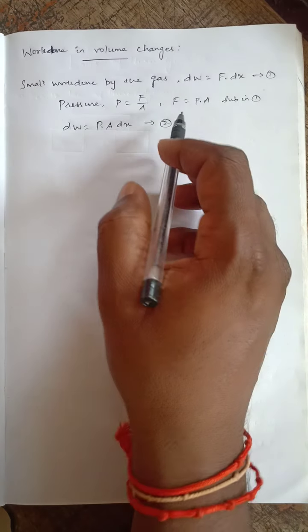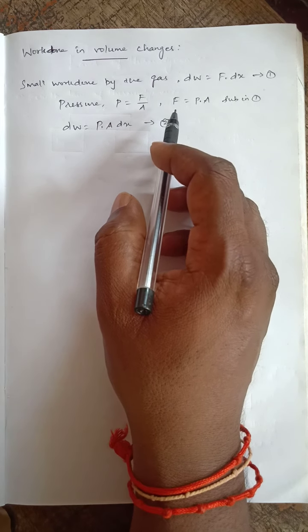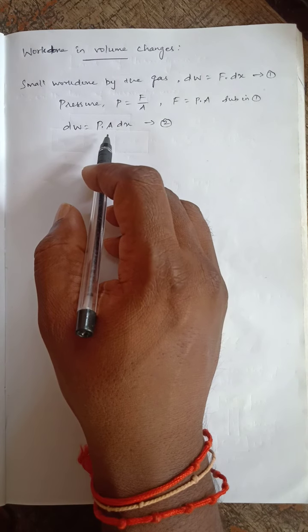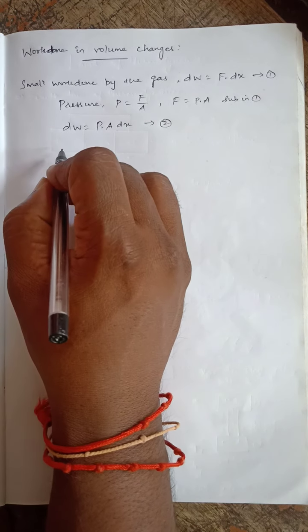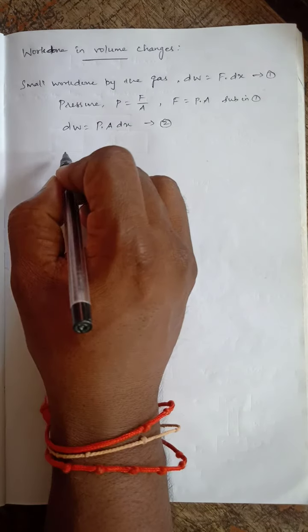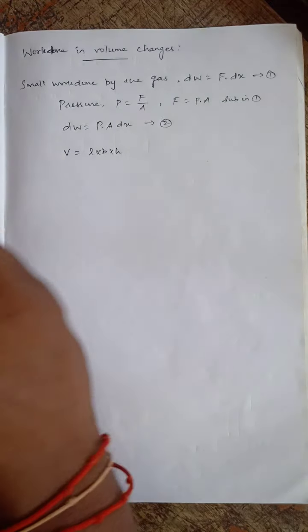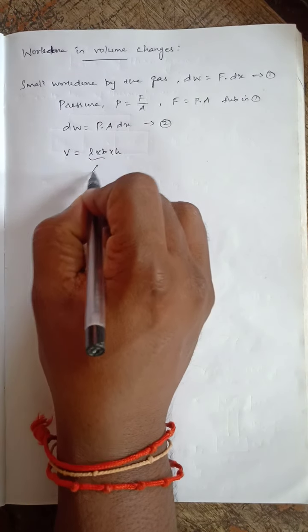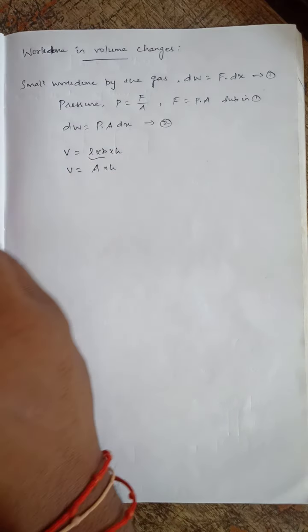Here F is the force exerted by the gas on the piston. Now we have to find the area with the distance. We know that if the piston moves upwards, the volume will be increased. The general formula for volume is L into B into H, so L into B we write as area, and H is the distance.